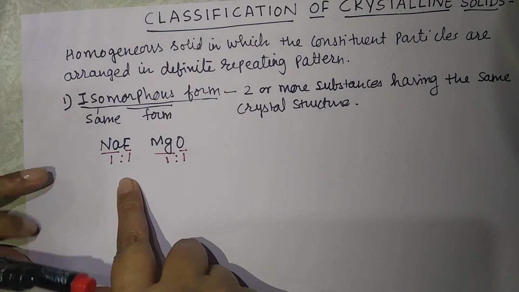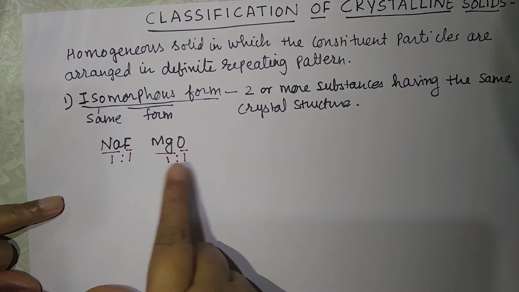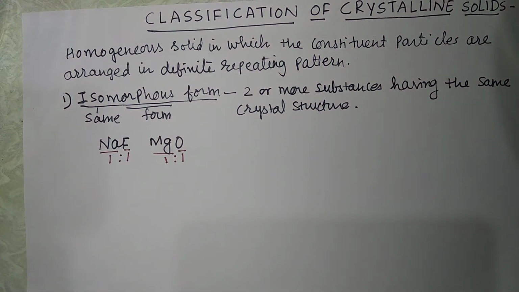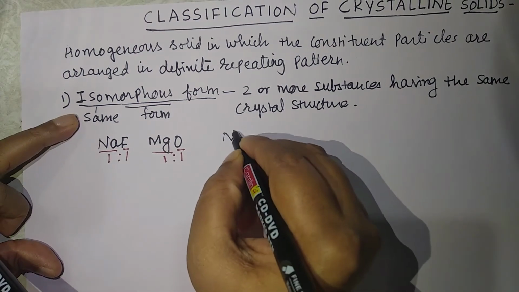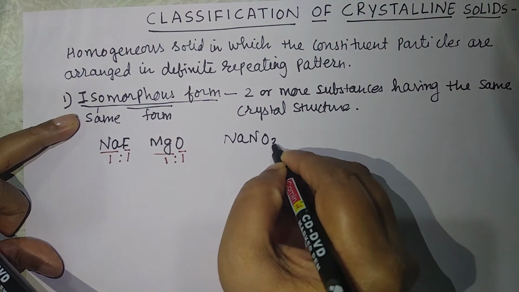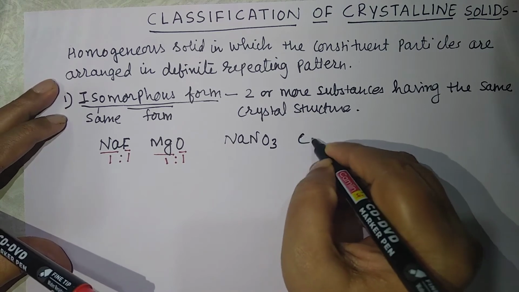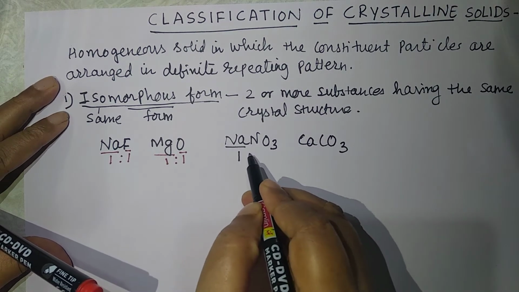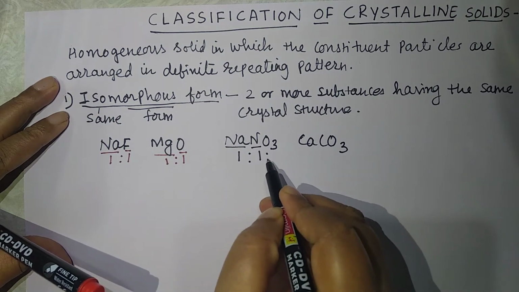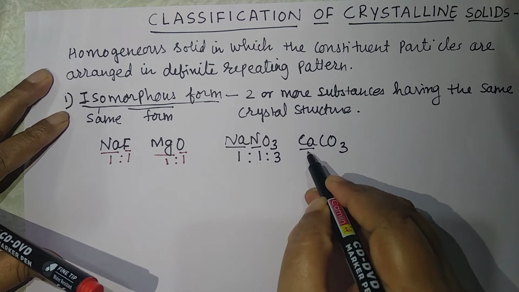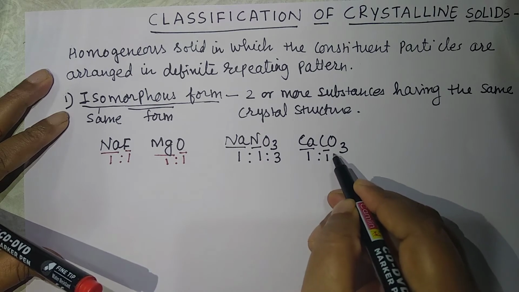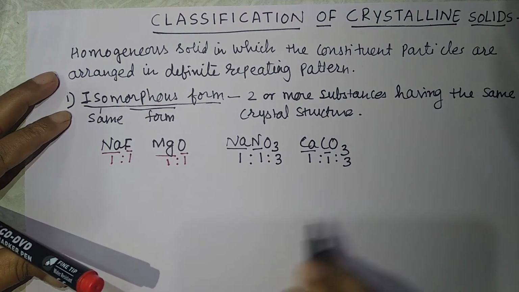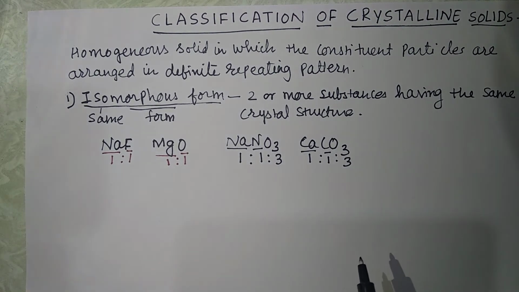You can see that this atomic ratio is the same and therefore they are isomorphic to each other. Let us take one more example, sodium nitrate and calcium carbonate. Here sodium, nitrogen, oxygen is 1:1:3, and the same here 1:1:3. So I will call them isomorphs.